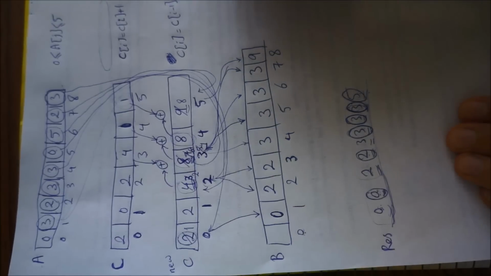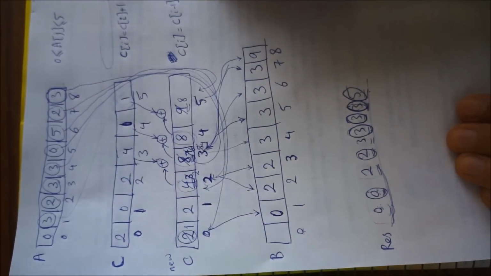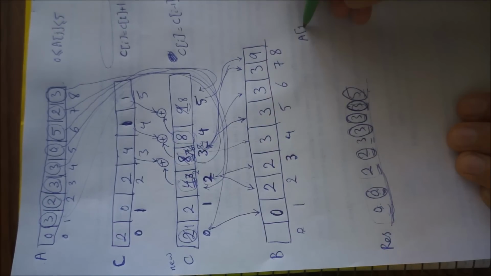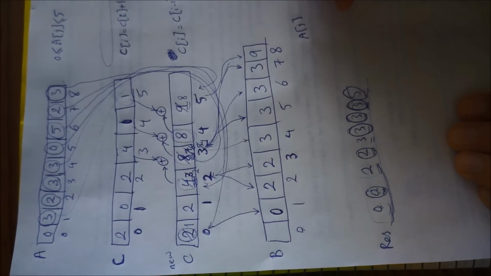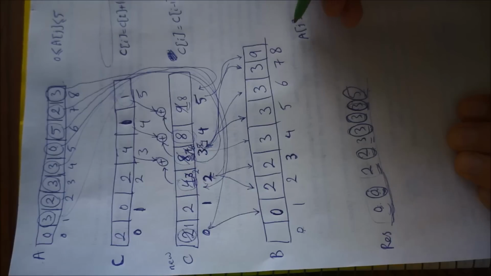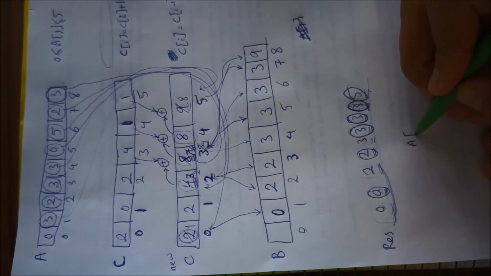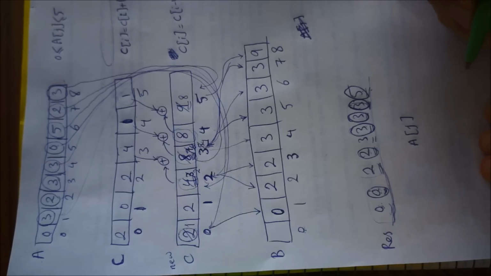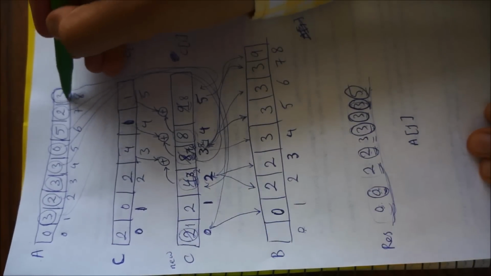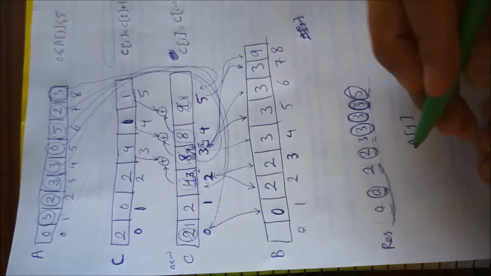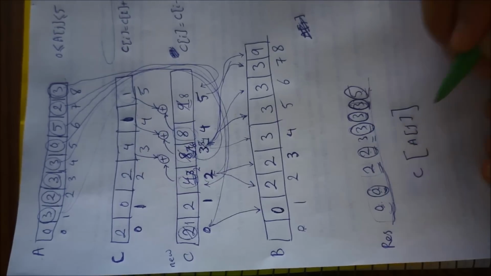So as you see, every time we take the a[i][j], or I can actually write it here, it's easier to see. We take a[i][j], which is the number itself, we assume that to be the index of C, right?